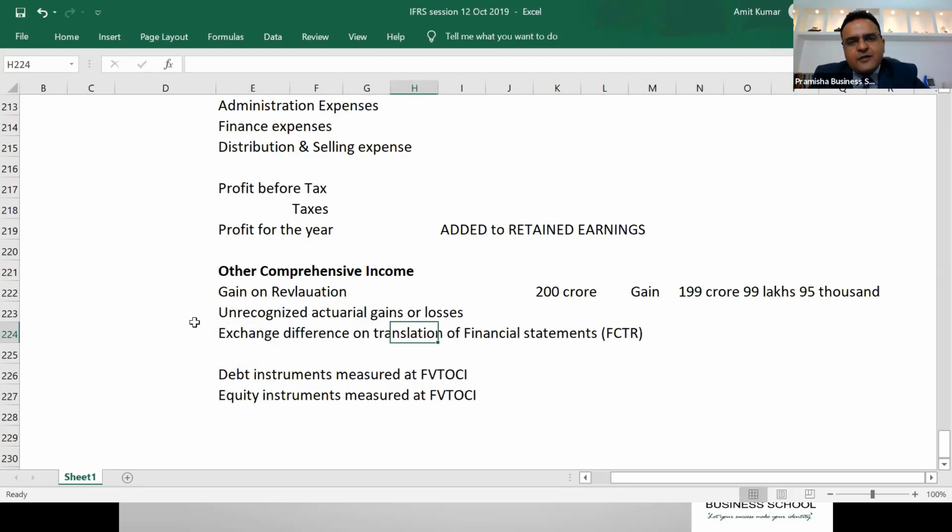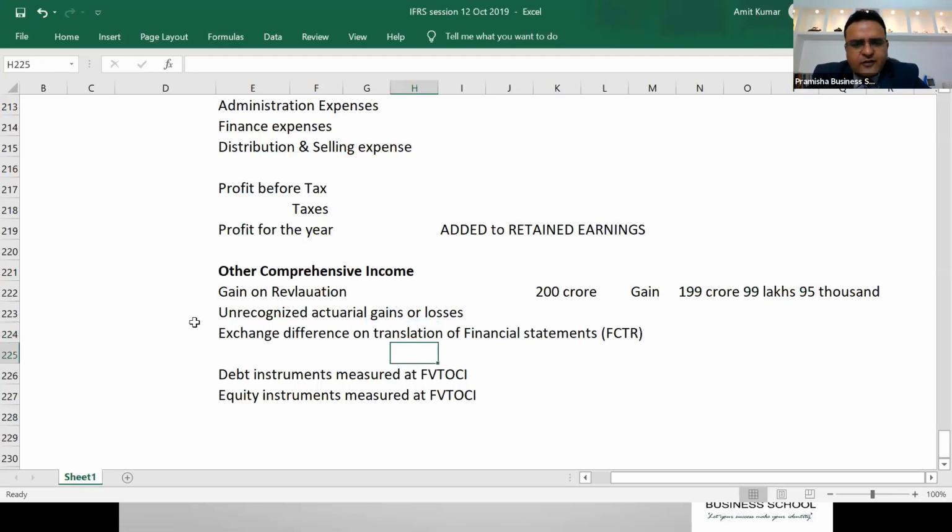On translating, meaning converting the entire balance sheet from INR to Australian dollars and the entire income statement from INR to Australian dollars, if there is a difference, who is responsible? No one. You cannot blame the management for these differences, at least. So the foreign currency translation reserve forms part of other comprehensive income.